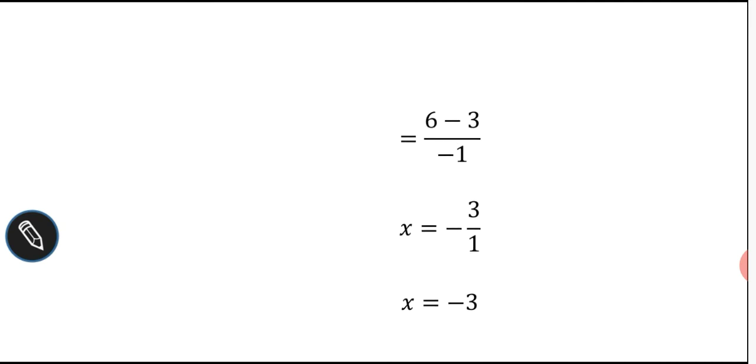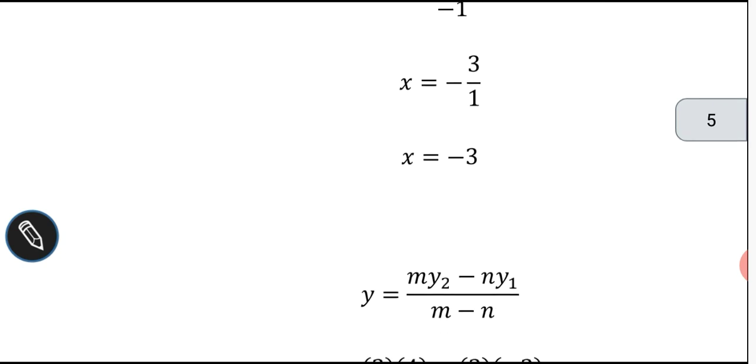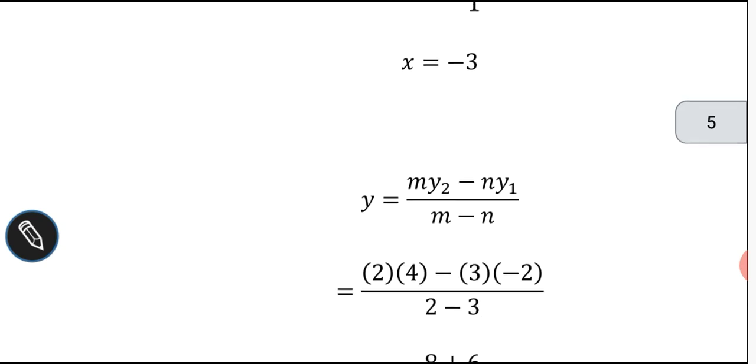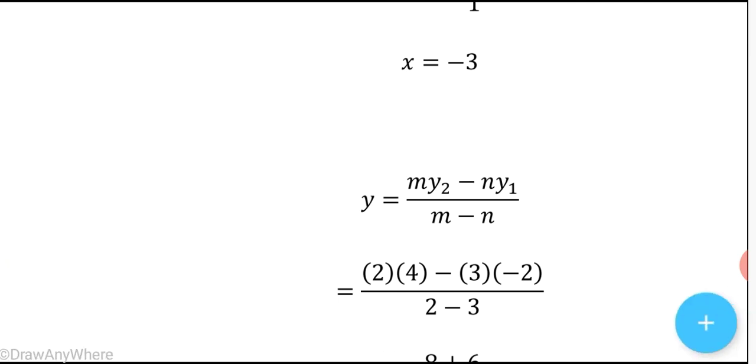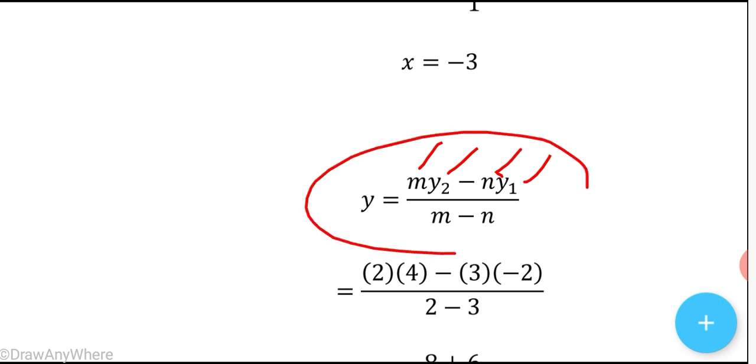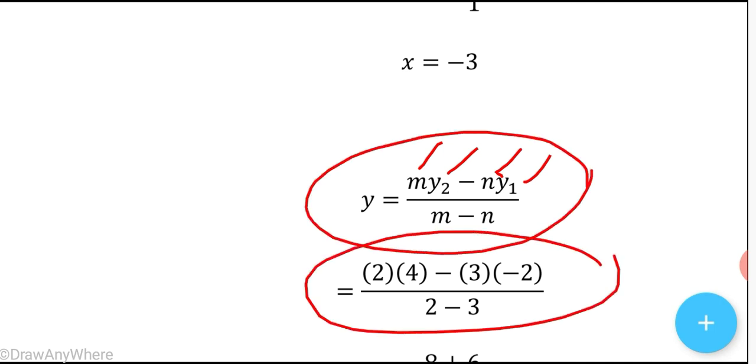Okay, so x is equal to minus 3. Similarly y is equal to m y2 minus n y1 divided by m minus n. Substituting the values of m, y2, n, y1 in this formula, we will get 2 into 4 minus 3 into minus 2 divided by 2 minus 3.